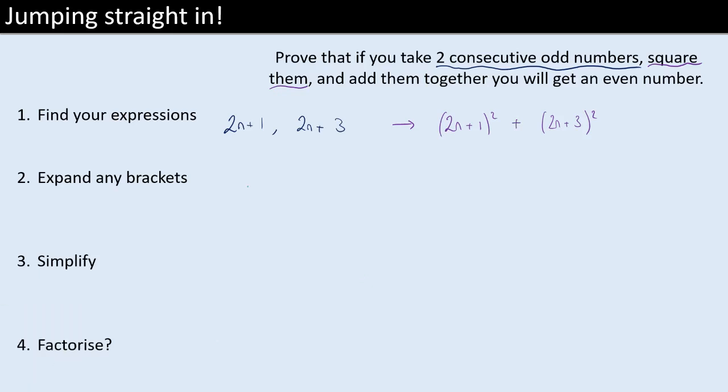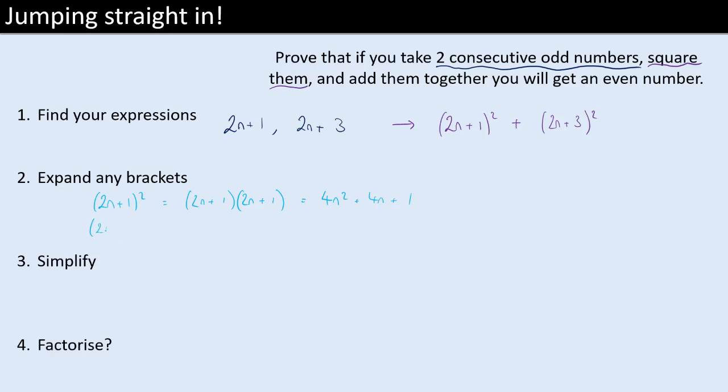So here we go. We've got 2n plus 1 all squared. Now that's the same as 2n plus 1 bracketed with 2n plus 1. And again, we've done expanding brackets a million times, so I'm just going to say that that's 4n squared plus 4n plus 1.